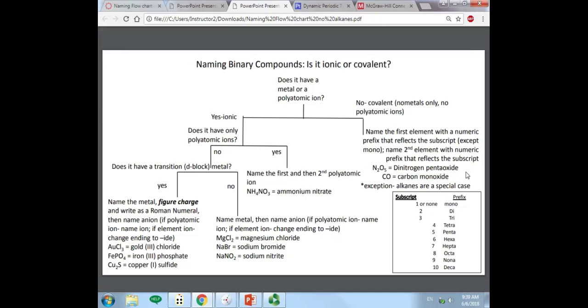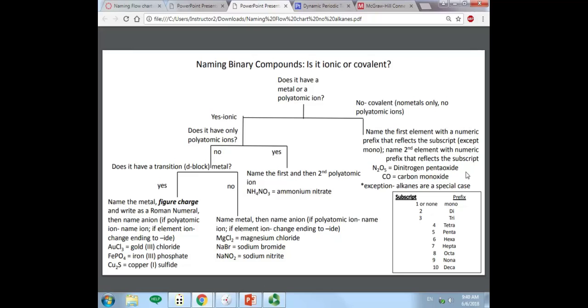All right, so if I have N5O10, this would be pentanitrogen. You just use the prefix and the name of the element for the first one, and then the prefix and the name of the element with the ending "ide." Decoxide. I think I would just skip the... decaoxide.